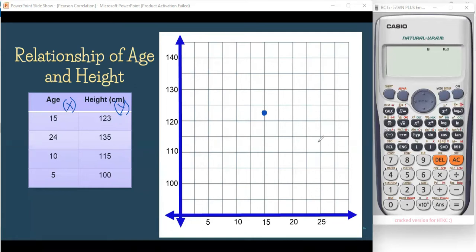So 24 up to 135, it is here. What about 10 and 115? So 10, 115, it is here. And also 5 and 100. So we have here 5 and 100. So it is here, my dear students.